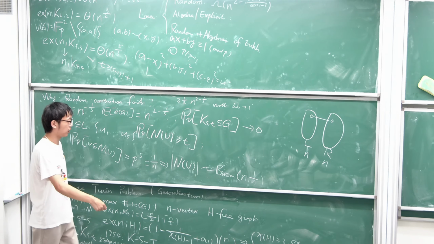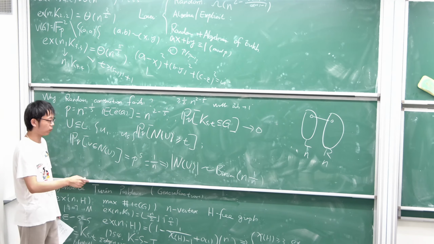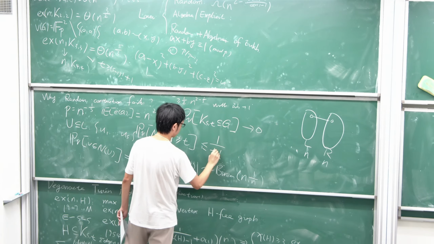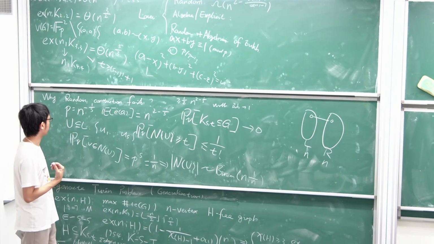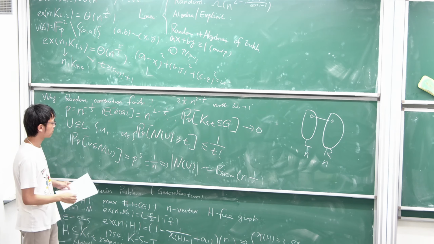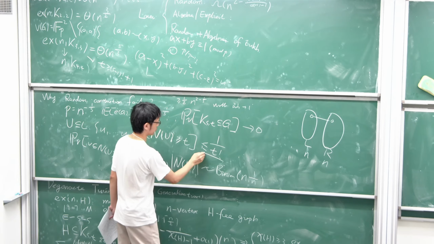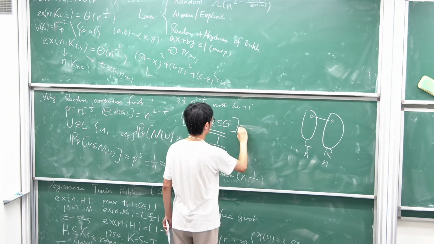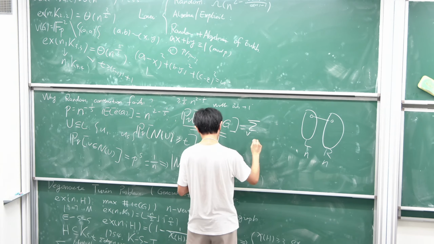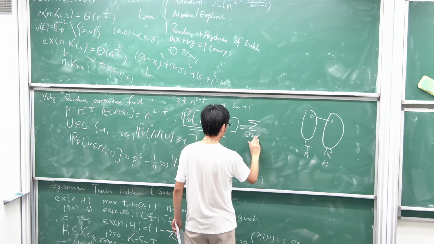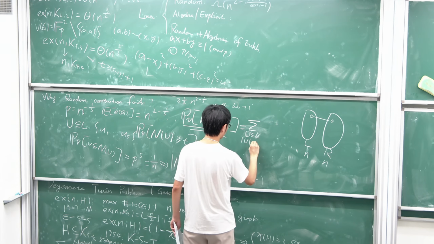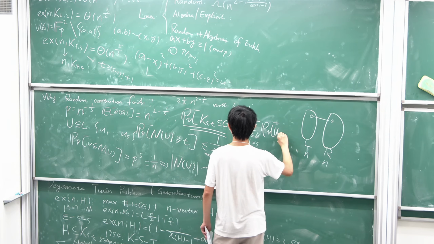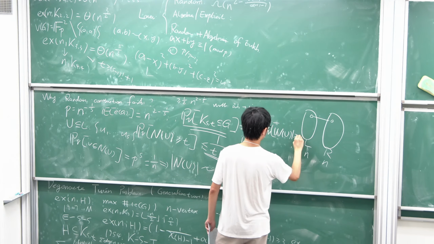This tends to a Poisson distribution, and this probability can be bounded by 1 over t factorial. Then using this we can bound this term as a sum over all subsets of size S of the probability that the common neighbors of U number larger than t.